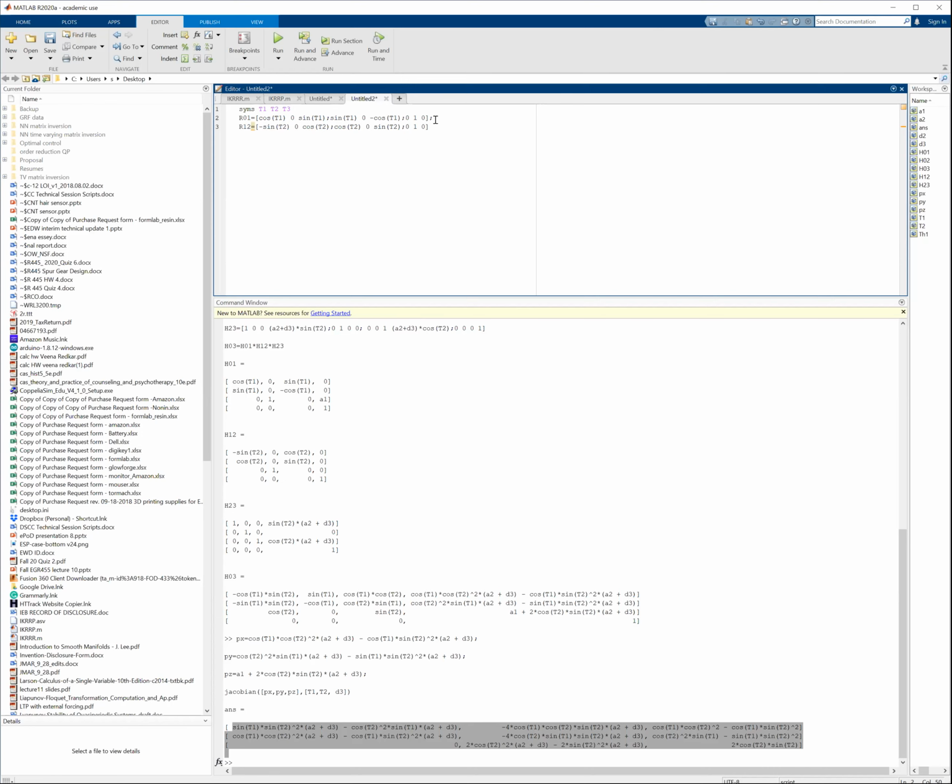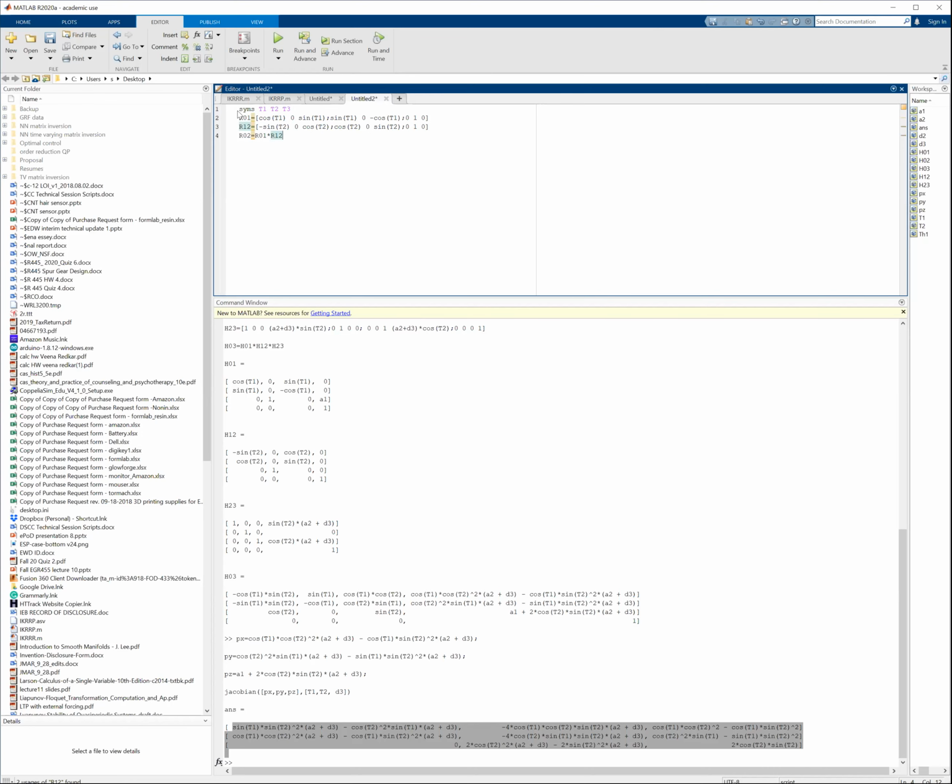Just for the sake of confirmation, now I would say R02 is equal to R01 multiplied by R12.